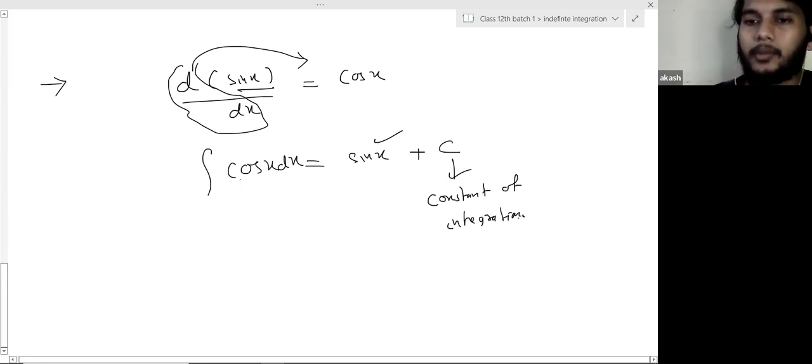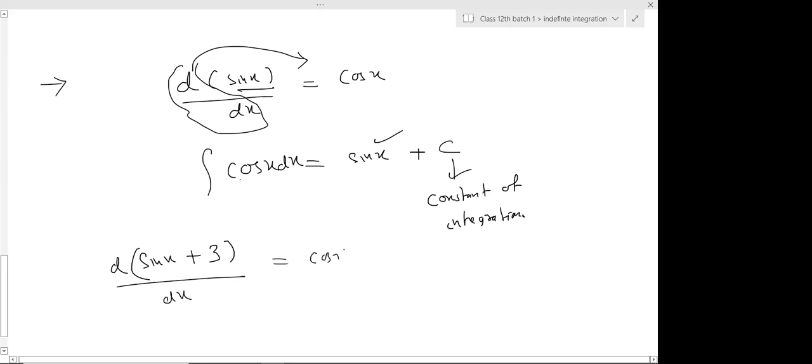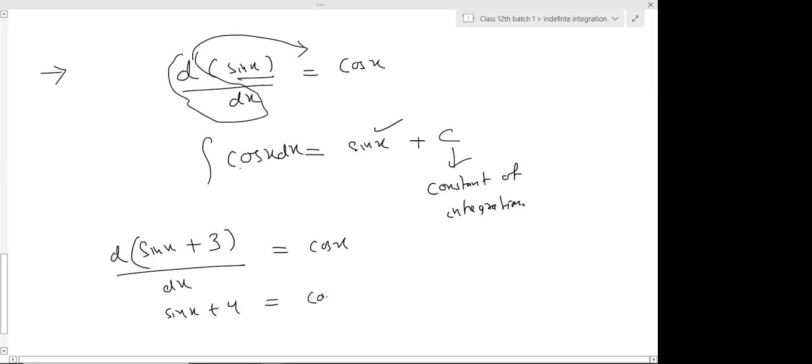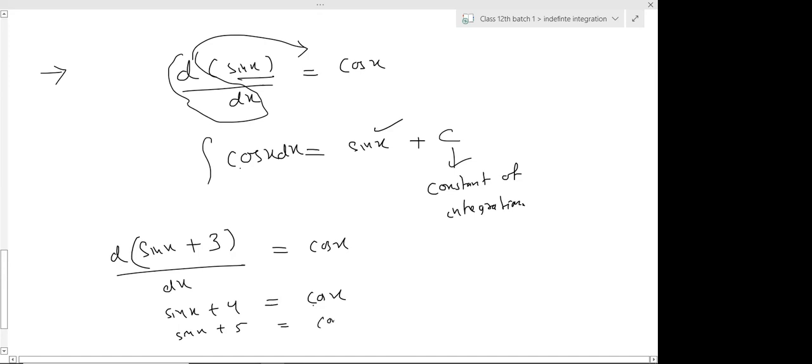All right. What is the constant of integration? Suppose I take sine x plus 3. What is the differentiation of this function? Cos x. If I write sine x plus 4, cos x. Sine x plus 5, cos x.